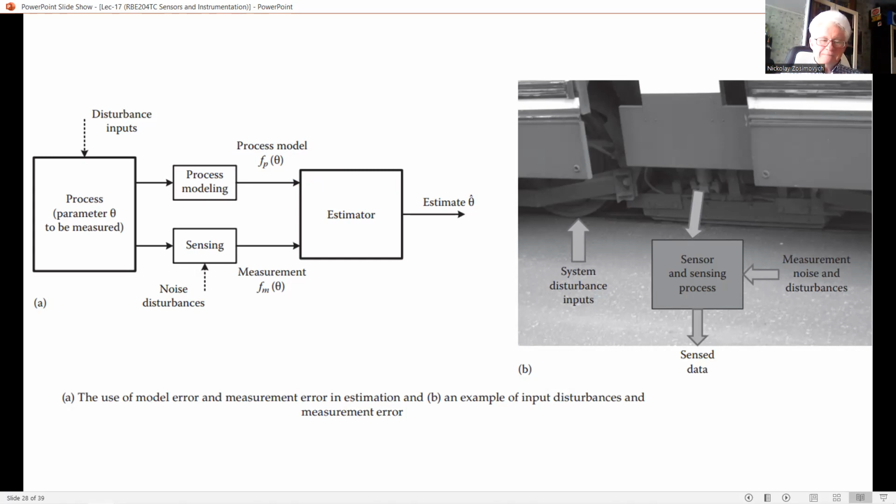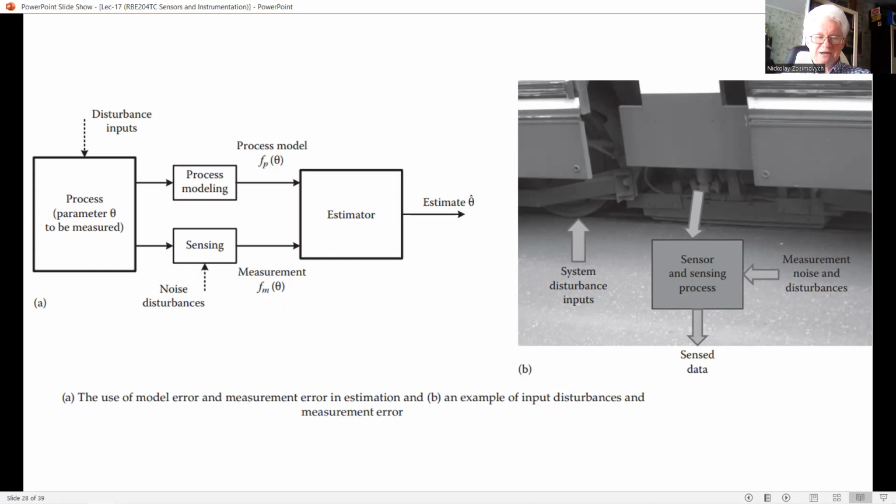In this figure, the measurement is shown as a function F_m of theta, the measured quantity. This function may also be nonlinear and dynamic due to sensor dynamics, and may include unknown and random effects like sensor noise and errors in the measurement process in general. In other words, the measurement may be neither direct nor exact.